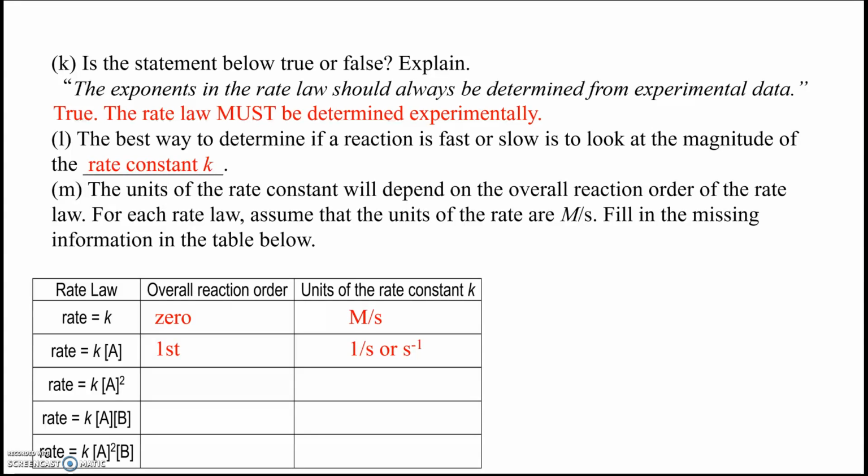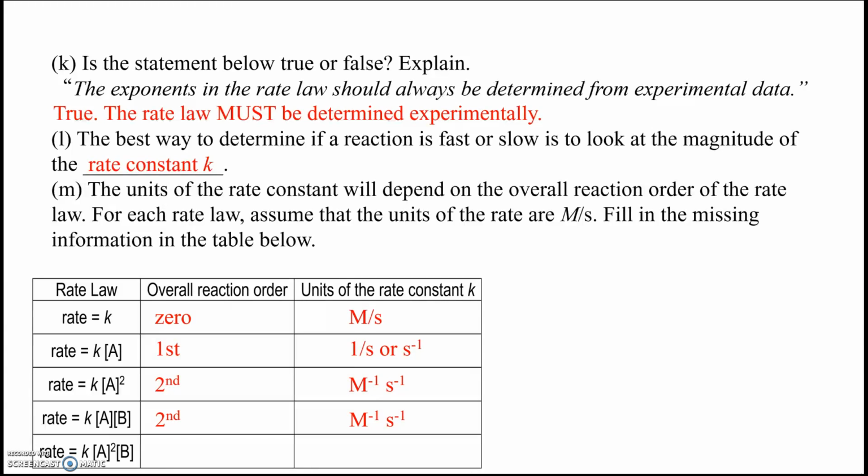And it really doesn't have to be seconds. It needs to be a unit of time. Could be seconds, could be minutes, might even be hours. The third and the fourth line both are second order because in our case, it might be proportional to the quantity of A squared. It might be proportional to the concentration of A times the concentration of B. In either case, that's a second order, and I have molarity and seconds, both to the -1 power.